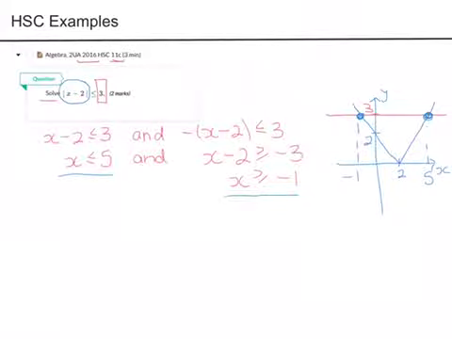We can also check this algebraically by having a look at a value that sits between them, such as x equals 0.